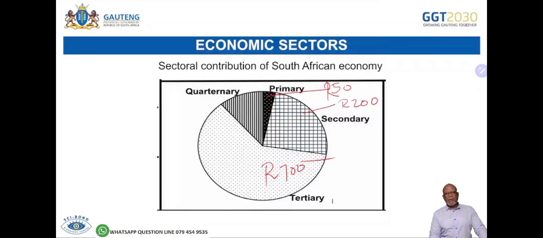So you see what has happened to the product as it was moving down from one sector of economy to another. So it is advisable for a country to be involved in manufacturing of goods, because you can see in the secondary sector the value of the wool has changed, because it is no longer wool.